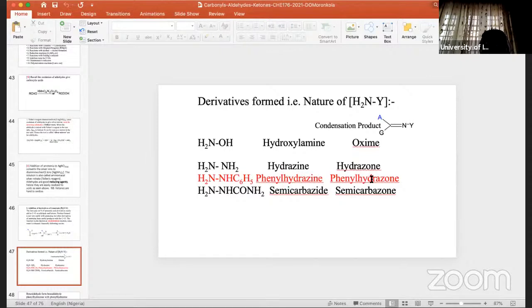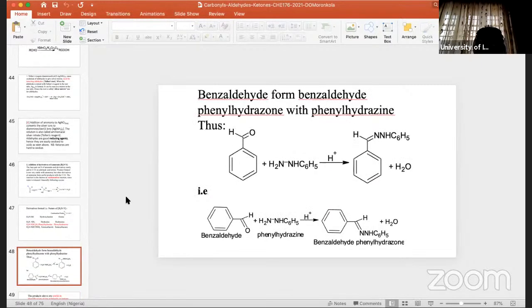And the final product after reacting with a carbonyl is a phenylhydrazone. If the hydrazine has one of the hydrogens replaced by an amide, CONH2, then you refer to that ammonia derivative as semicarbazide, and the final product is a semicarbazone. These are examples of what we've been talking about.